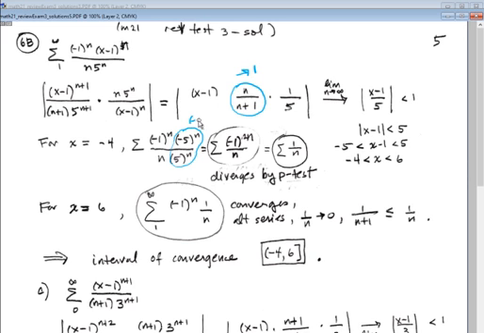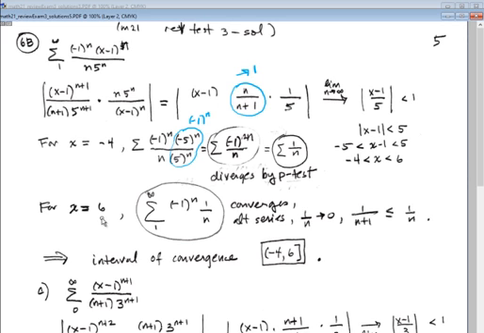N plus n is 2n, so we have minus 1 to the 2n over n. Now, minus 1 to the 2n, that's always 1. This is an even exponent. So we have sum 1 over n that we know diverges by the p-test. So at x equal minus 4, do not include that in the interval of convergence.